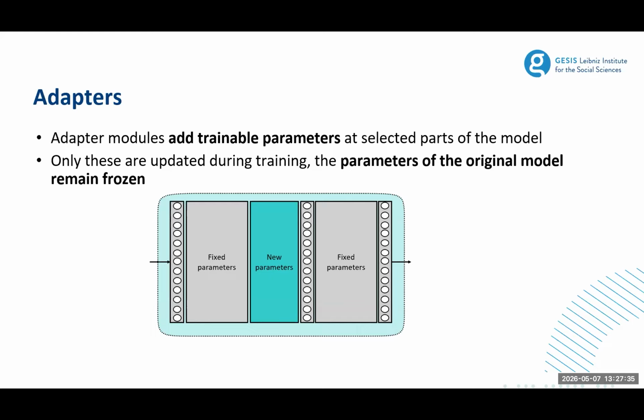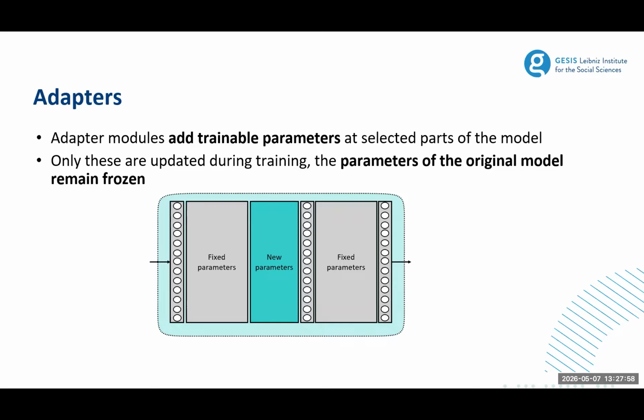Because why should more parameters help you to reduce the number of trainable parameters? But what adapters do at the same time is that they freeze the remainder of the original model. That means that all the original model parameters remain fixed. They are not getting updates during the training.